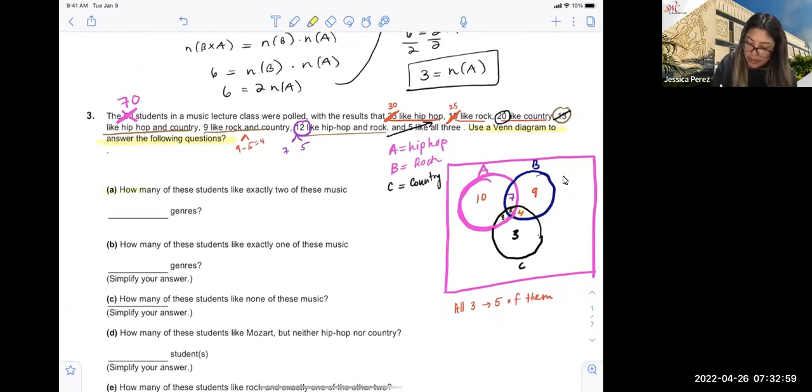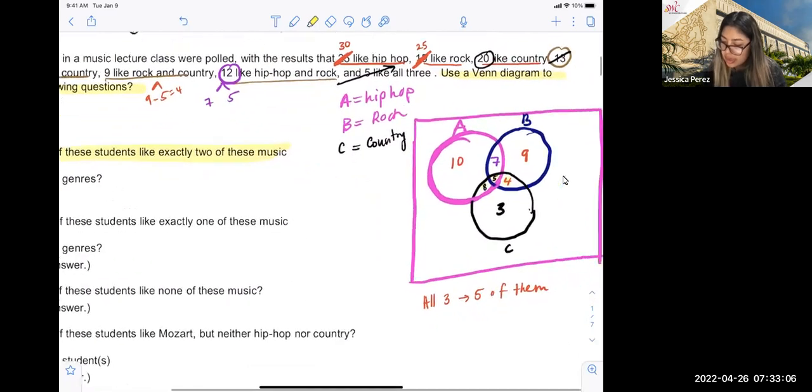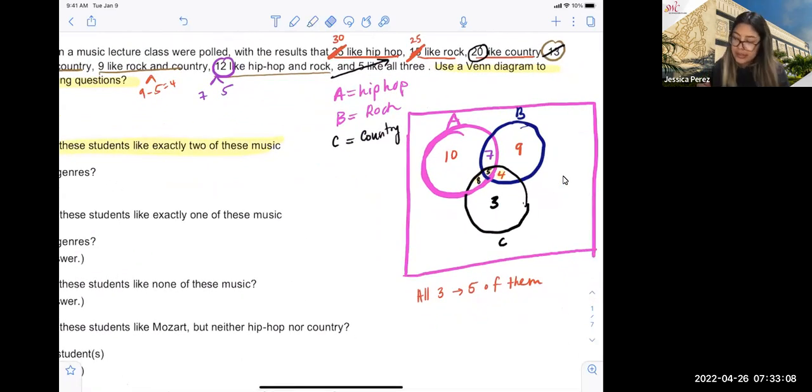It says, how many of these students like exactly 2 of these music? So exactly 2 would be the pieces that are right up in the middle.